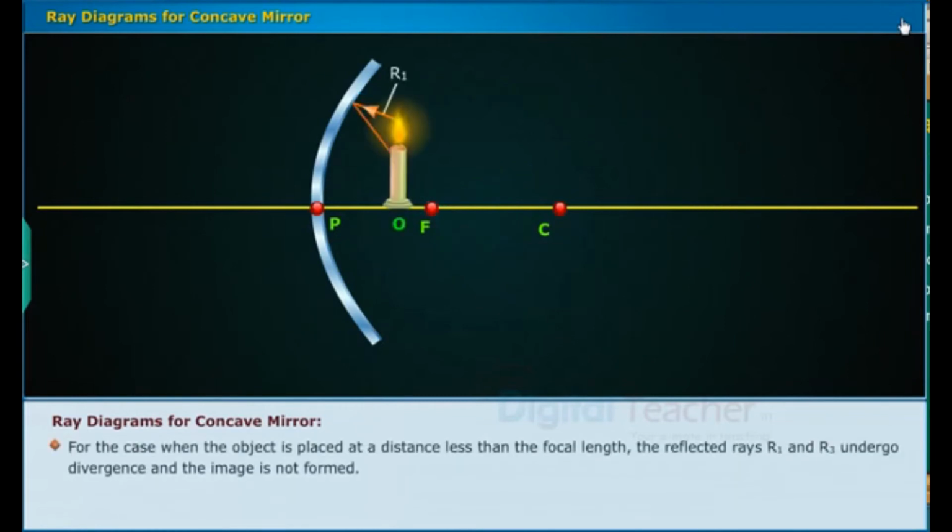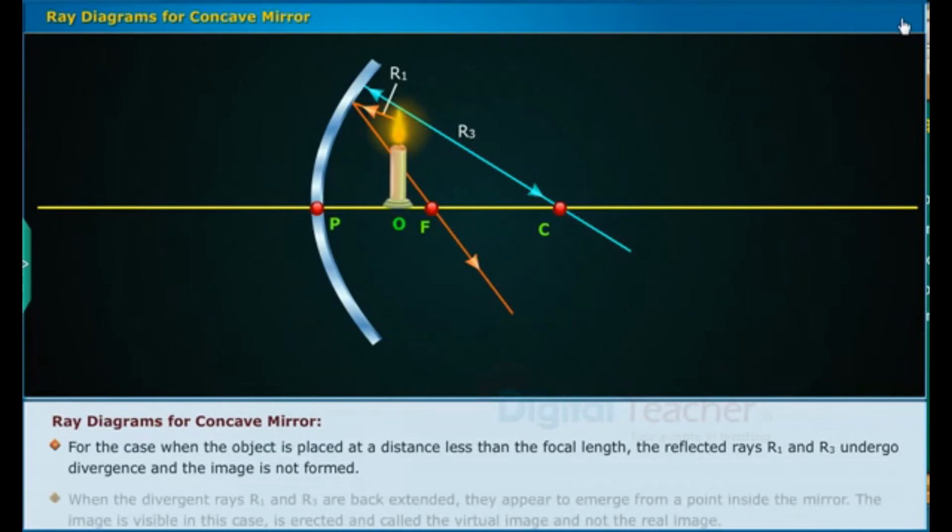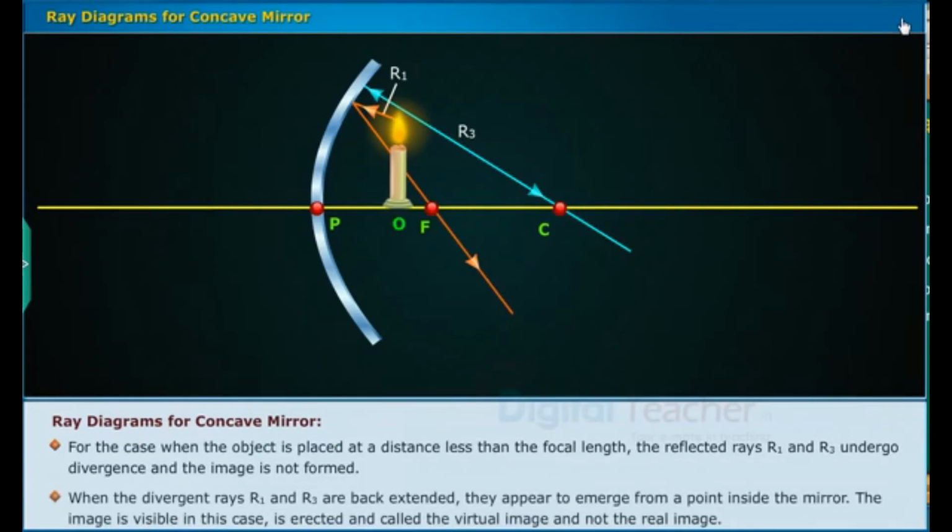For the case when the object is placed at a distance less than the focal length, the reflected rays R1 and R3 undergo divergence and the image is not formed. When the divergent rays R1 and R3 are back extended, they appear to emerge from a point inside the mirror.